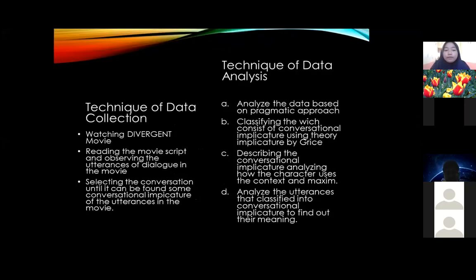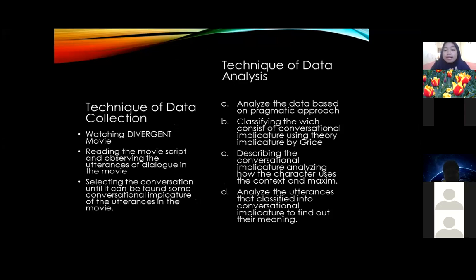For the technique of data collection, first is of course watching the Divergent movie, and then the second is reading the movie script and observing the utterances of dialogue in the movie, and then selecting the conversations until some conversational implicature of the utterances in the movie can be found. And the last is the technique of data analysis.